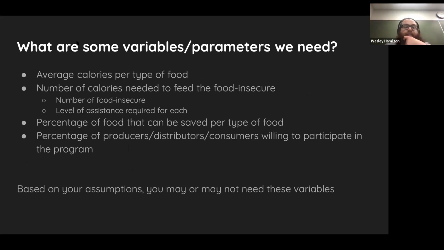Okay. The other aspect is, what are some variables and other parameters that we need? These are really getting towards quantifying the aspects we're interested in, so that we can develop a quantitative model and start to address the question of, can Texas feed its food insecure population using the wasted food?